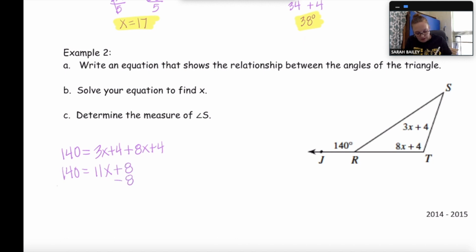Then I'm going to subtract 8 on each side. So that gives me 132 equals 11x. Then divide both sides by 11. So now we know that the value of x is 12.